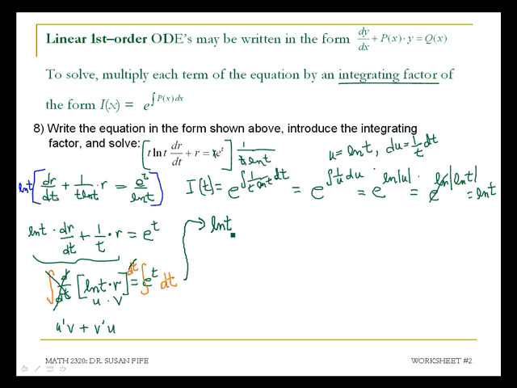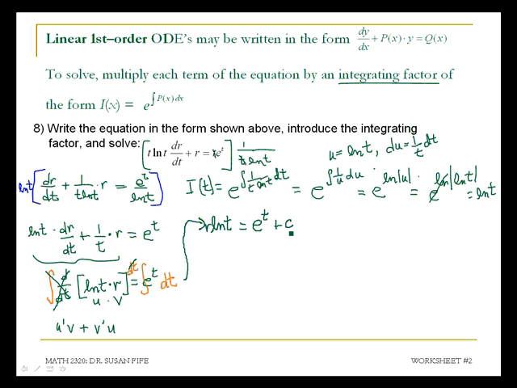Natural log of t times r, r natural log of t. And now here on the right side, when we integrate, we do want the constant of integration. When you integrate e to the t power, you're going to get back e to the t power.